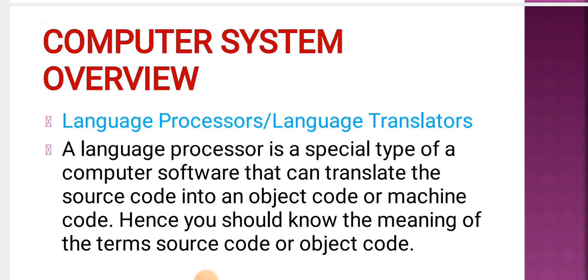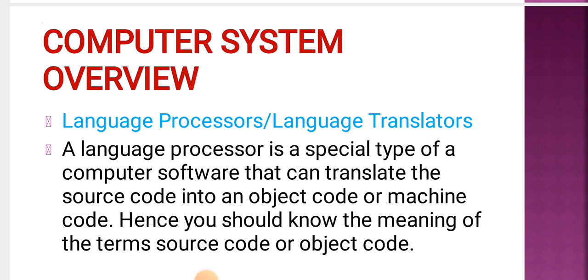Here what is meant by source code? Source code is nothing but a high level language. We can use any kind of programming language like Python, C, C++. That coding language is known as the high level language. That language will be converted into binary language, that is zeros and ones. That binary language is also known as object code or machine code.